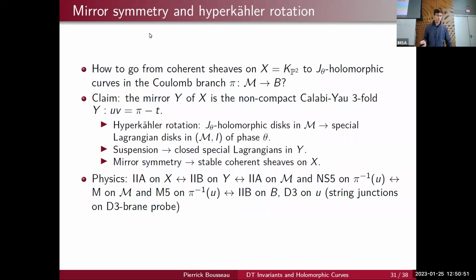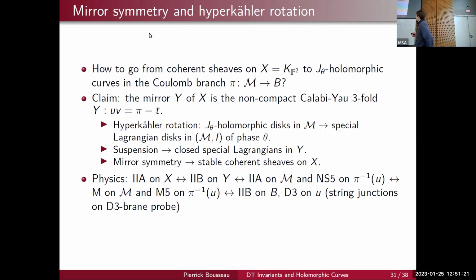And then you can do the following path. If you start with holomorphic disks in your integrable system, they are J theta holomorphic, but for the original I complex structure, they're really special Lagrangian. So these holomorphic disks are really special Lagrangian disks with respect to a Kähler structure for which the fibration is holomorphic.